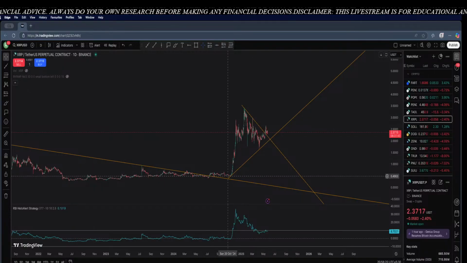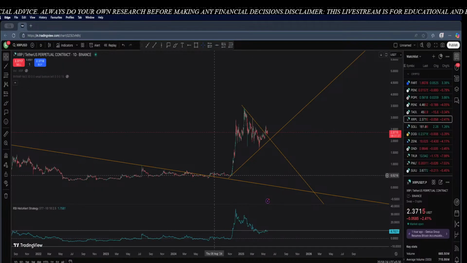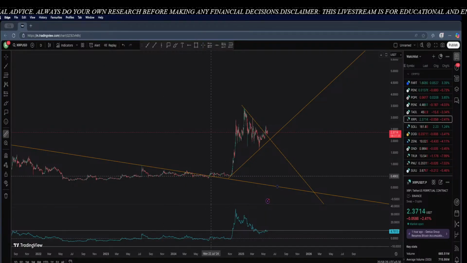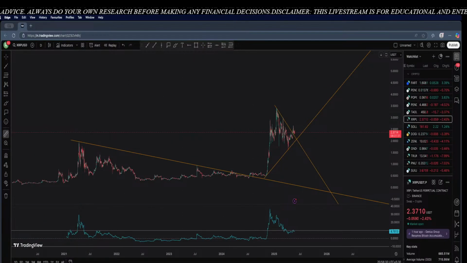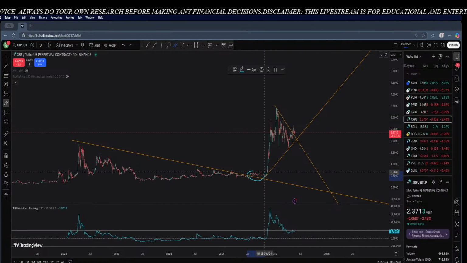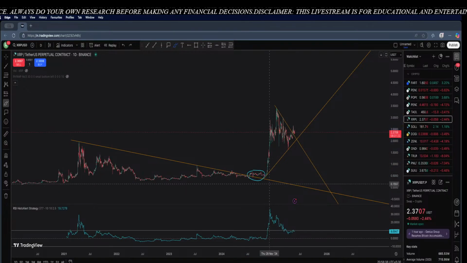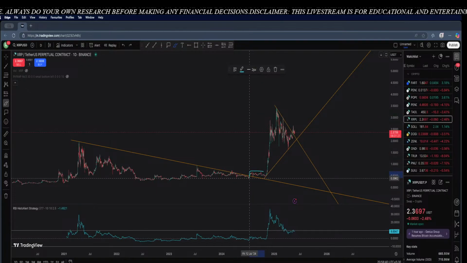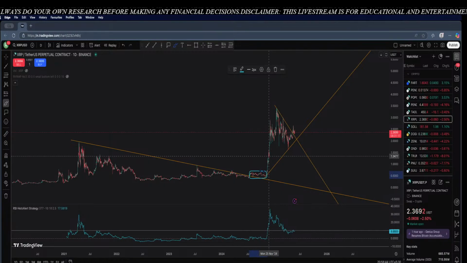Just like it was in July, right here. We'll take a look. July is when the price broke out of this massive downtrend, right? That's what I consider as the start of the move, right here. So we consolidated above the trend line, and then we broke out of it. So this is where the smart money and the big players placed all their bids, and then it moved up.